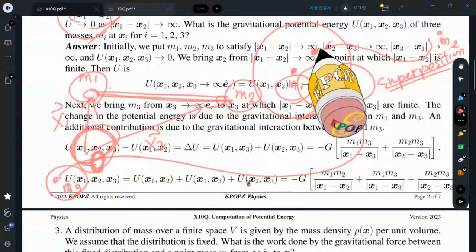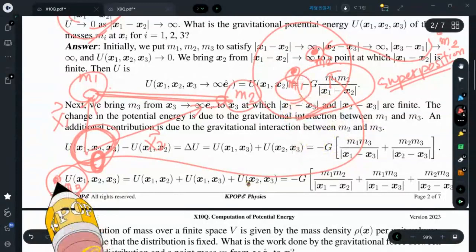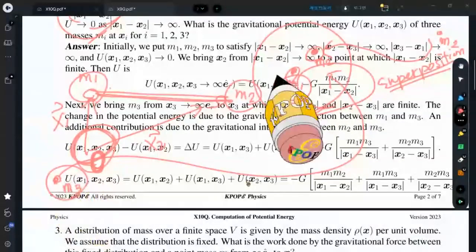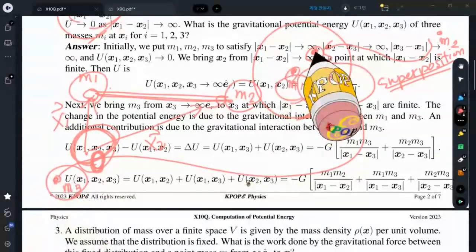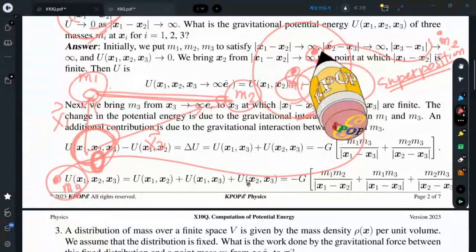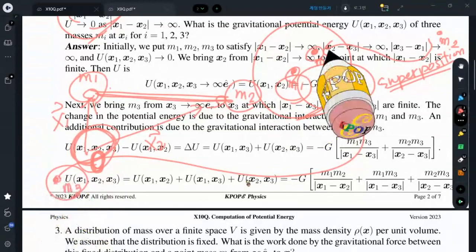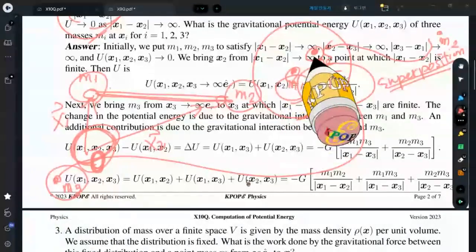Okay, we have two things. And if I bring the third mass to here, there will be a gravitational interaction between 1 and 3, and there is another gravitational interaction between 3 and 1. However, we assume that these 1 and 2 do not interfere in their interaction with the other.